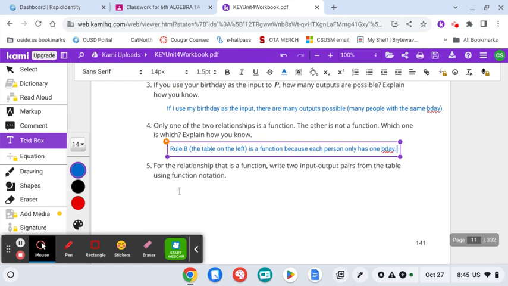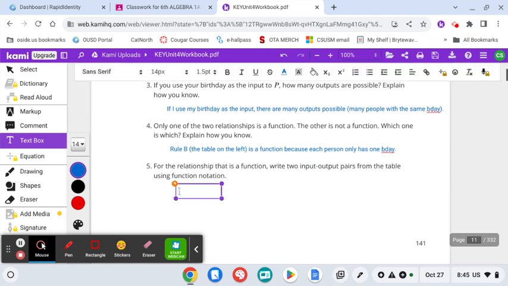For the relationship that is a function, write 2 input-output pairs from the table using function notation. And so this might be different for you if you did different ones than me. But B of Abraham Lincoln equals February 12th.